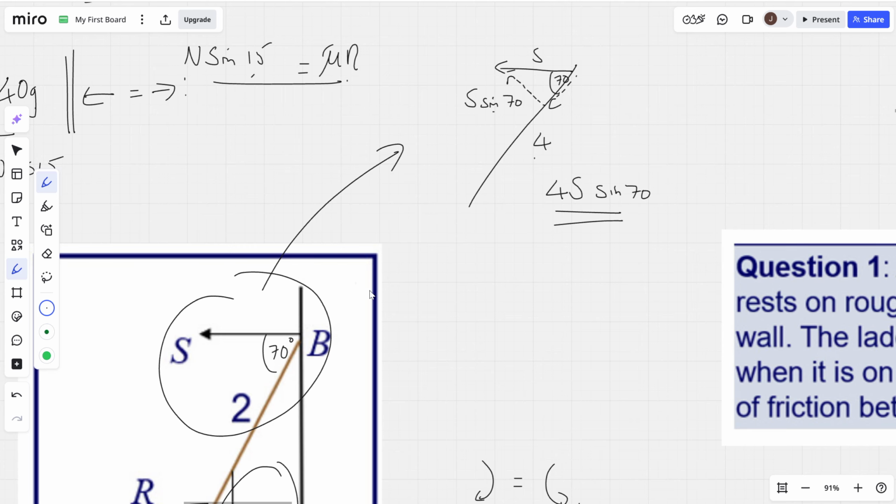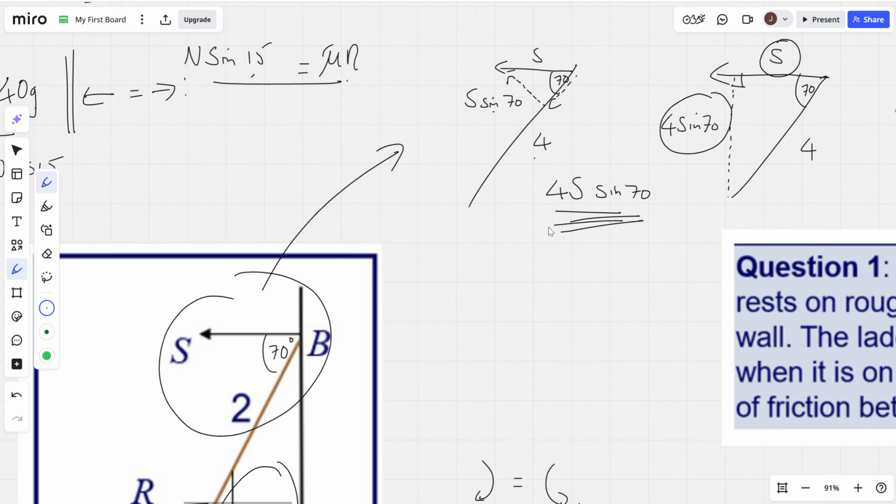If you want to do the distance trick, what you do is you make this arrow longer, so it says S. You say that this is 4, and then there's a couple of different ways you could do it. If you call this 70 up there, then if you want to express the distance in a perpendicular way, that is 70, its opposite is 4, so if you do it that way, you get 4 sine 70, and 4 sine 70 times S is also 4S sine 70.